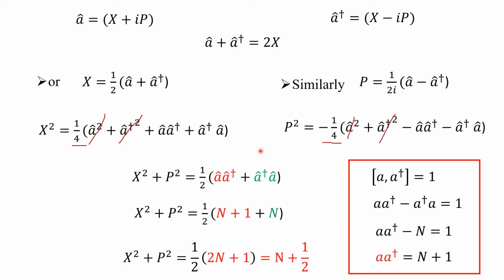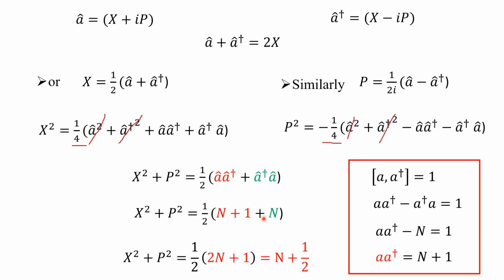Now you can add the third and fourth terms. This will become 2 A A dagger, because here it is minus, and minus of minus will become plus. Similarly, the fourth term, A dagger A plus, because here one minus you have, so minus of minus will become plus. So this will become A dagger A plus A dagger A, that is 2 A dagger A. If you take 2 outside, 2 by 4 will become 1 by 2.